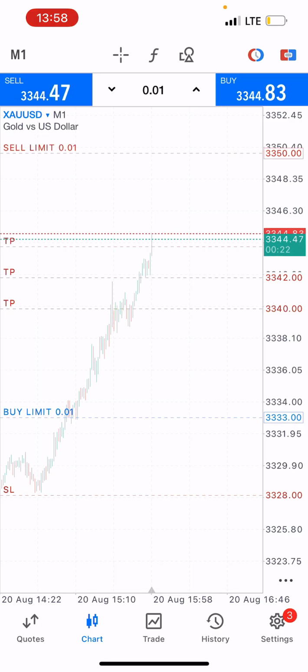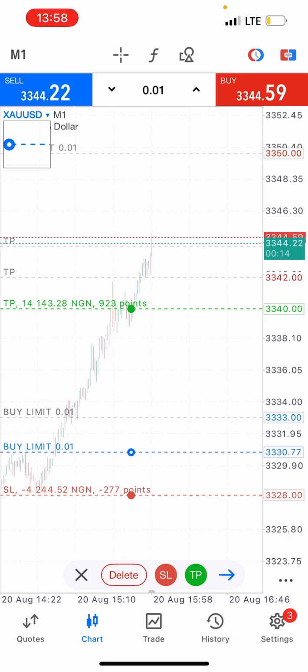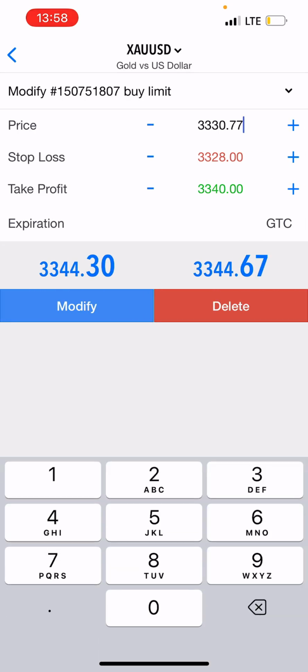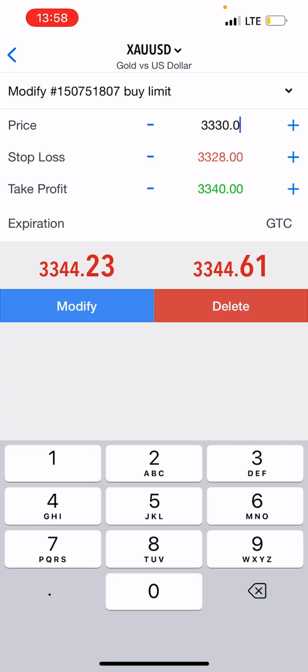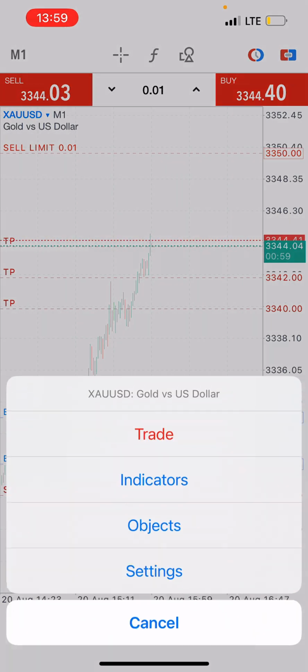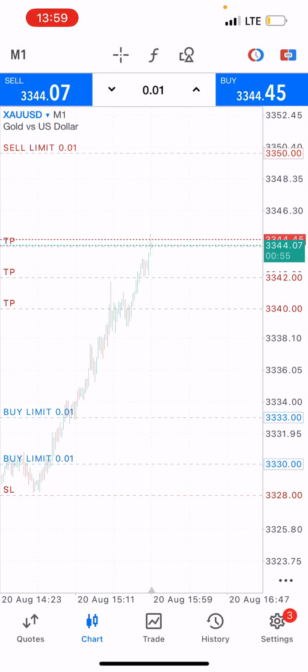Okay, yeah, now everything is the same entry now. So the lower number now is 3330 and the higher number is 3333.